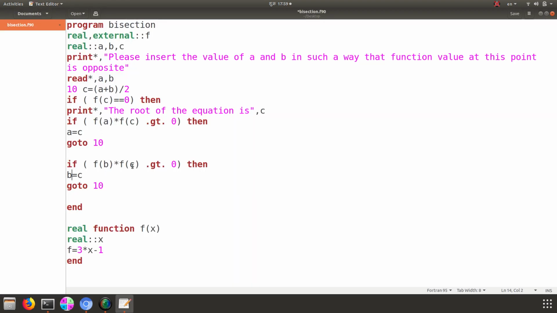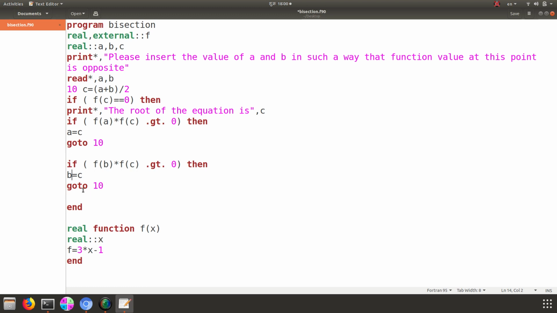So if this multiplication is greater than 0, then b is moved to c, so we will have a new b, and again the midpoint is calculated between new b and a using the same formula, and again we will check whether f of c equals 0 or not.